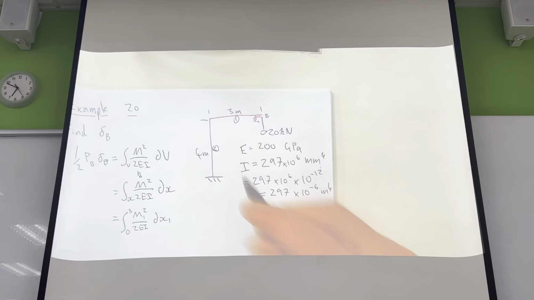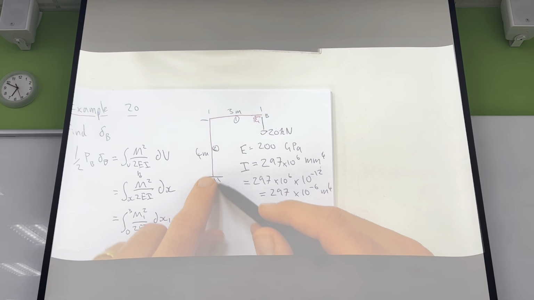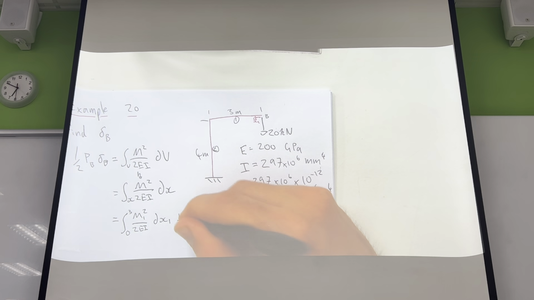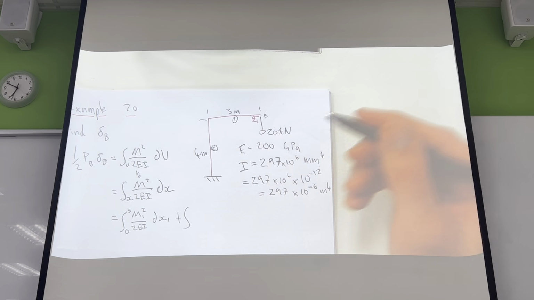That's just doing that section, but we also need to do this section here. So we need to account for strain energy in that section. We're going to add on the same sort of thing.